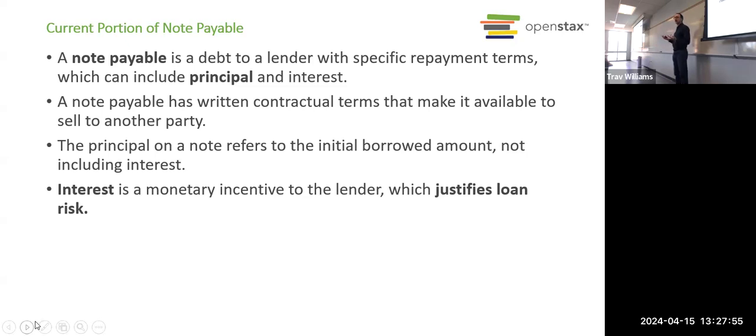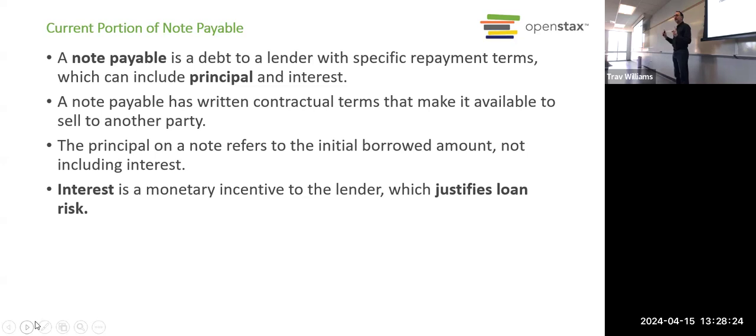But both parties have to agree that they want to sign the note, right? If you are being offered a note with crazy interest, say 20% or something, you might want to think if you have other options, because that's a pretty high interest rate. But if you agree to it, then you're legally bound and you have to pay that interest. Now, the terms of the note can differ.